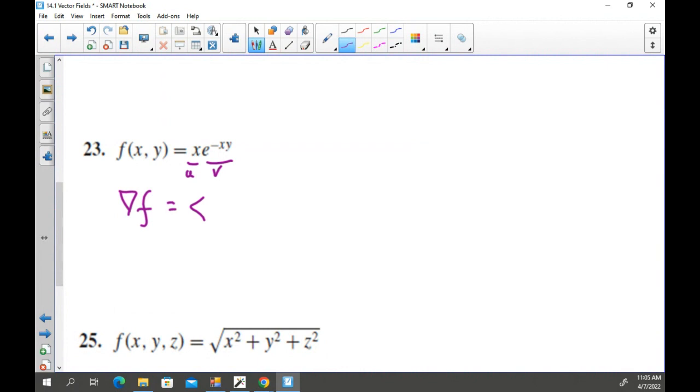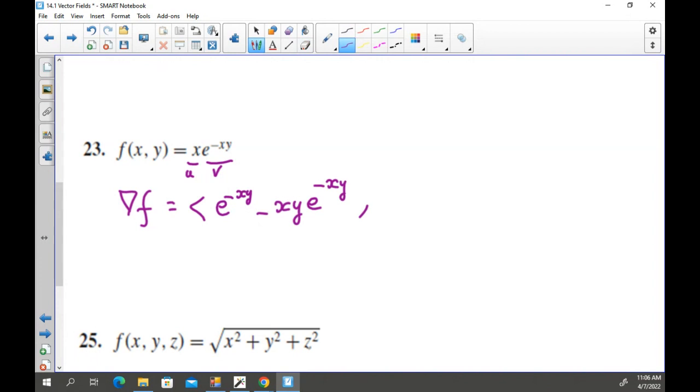So the derivative of this function with respect to x, u dash v, plus, I think it's going to be minus, u v dash. What will be v dash? Yeah, minus y. So it's going to be minus xy e minus xy. So that is the derivative with respect to x.